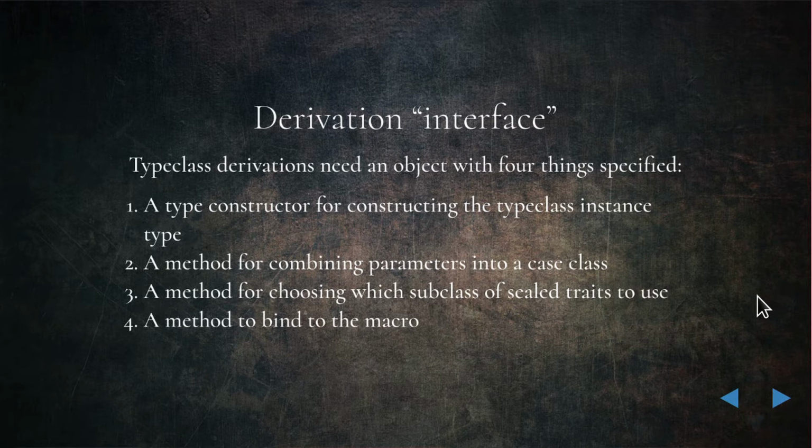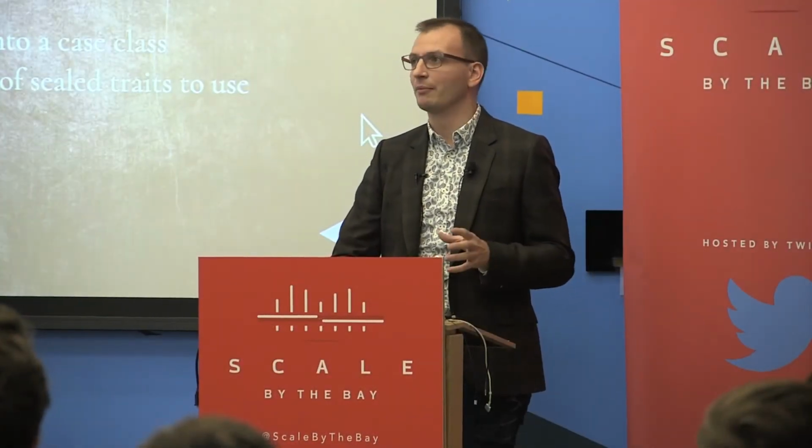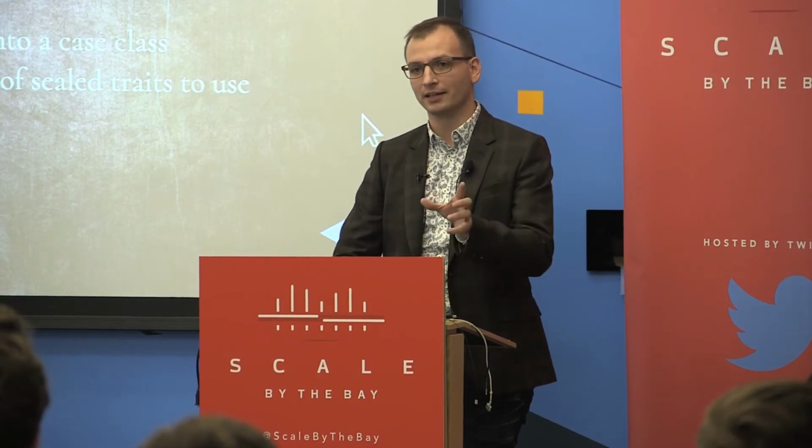A method which defines how we do the combinations, how we bring together the type classes from different parameters into a new type class instance. A method for choosing which type class we delegate to, in the case of sealed traits, and a very boilerplate method for binding to or invoking the macro.